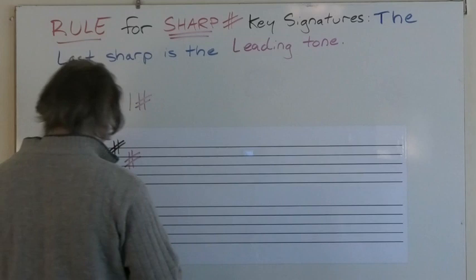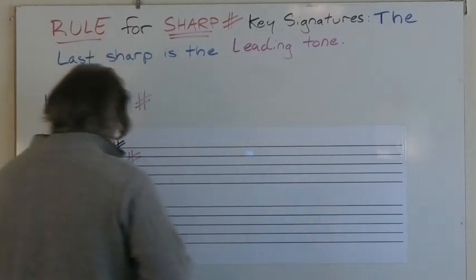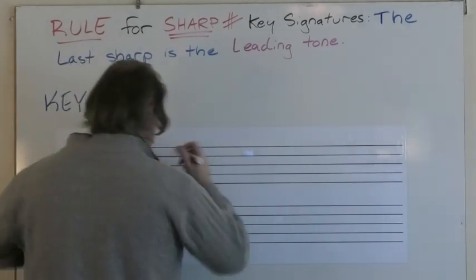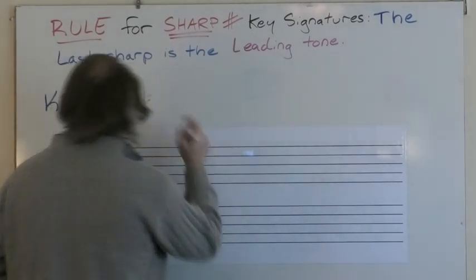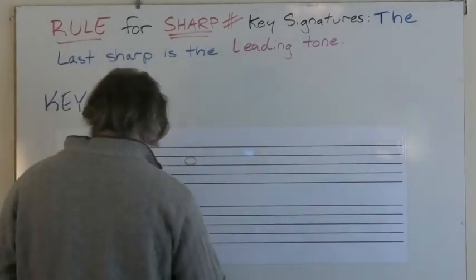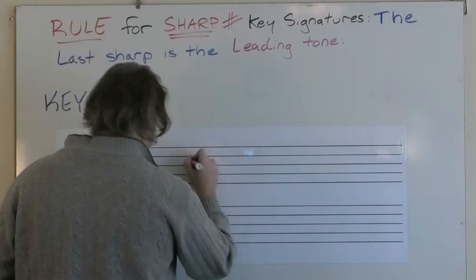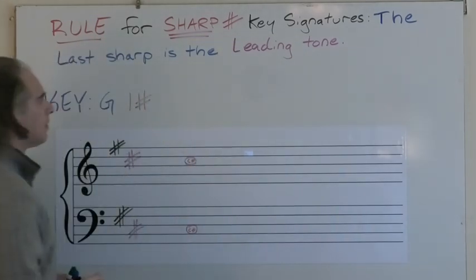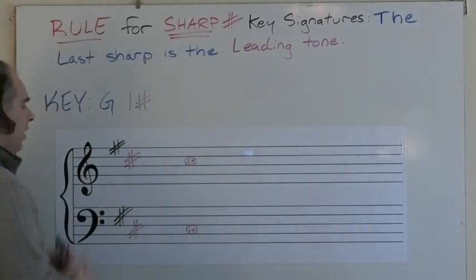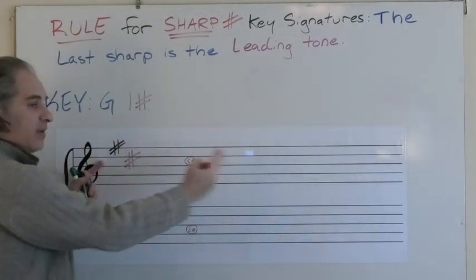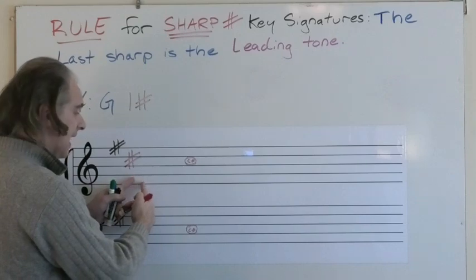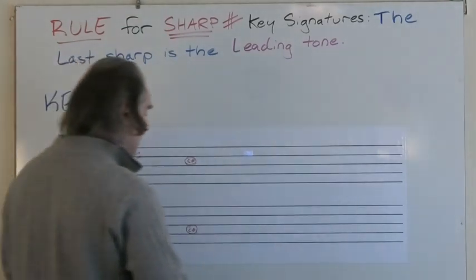So if this is C sharp, what's the rule? Can you read the rule for me? The last sharp is the leading tone. Well, this is the first sharp because we read from left to right. So this is the last sharp. So C sharp is the leading tone.